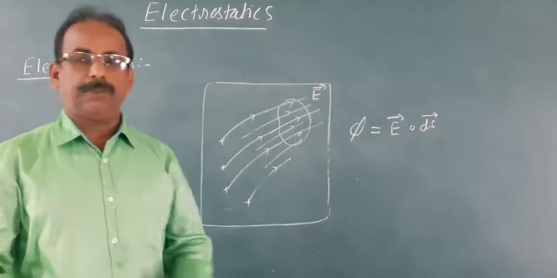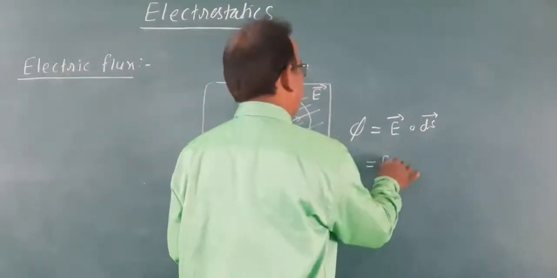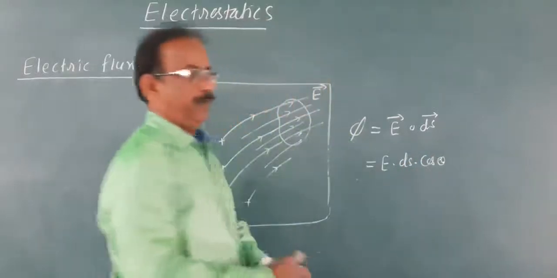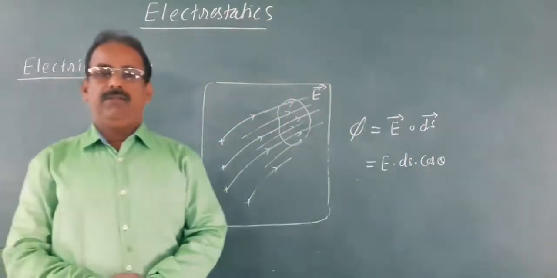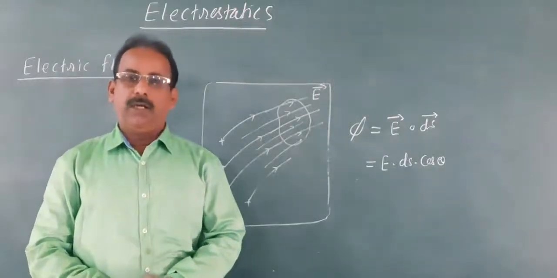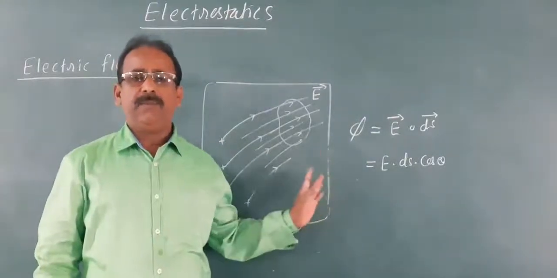You know what is dot product? By definition of dot product, this is E into ds into cos of theta, where theta is the angle between intensity vector and area vector. This is electric flux.